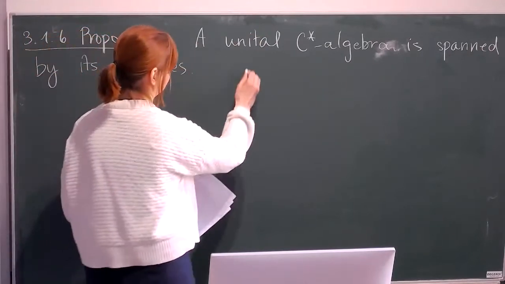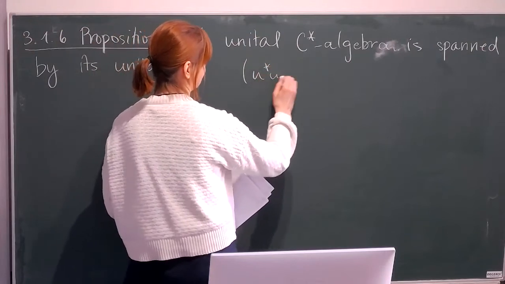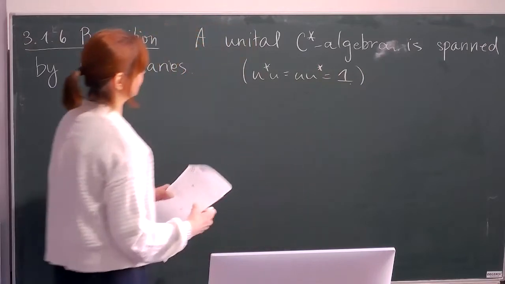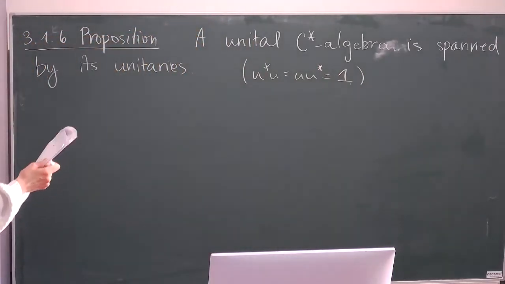Just recall that a unitary is something that commutes with its adjoint, and it's equal to the unit of the C-star algebra.